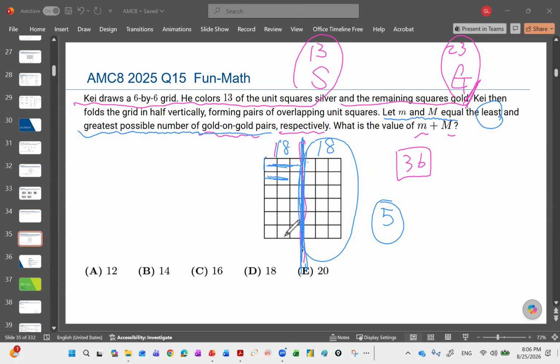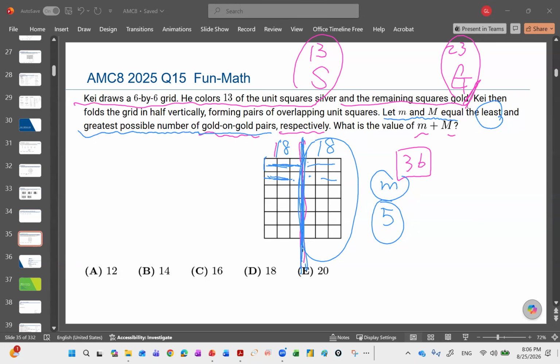The rest 13 are silver, and silver matching gold doesn't count. So only 5. So m can be 5, the minimum is 5.